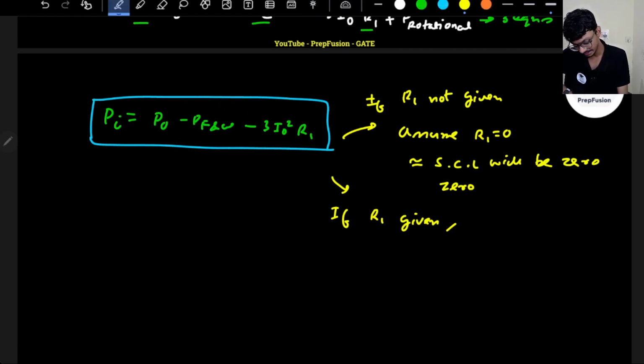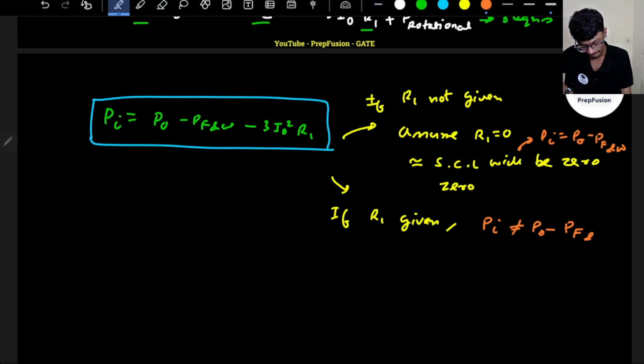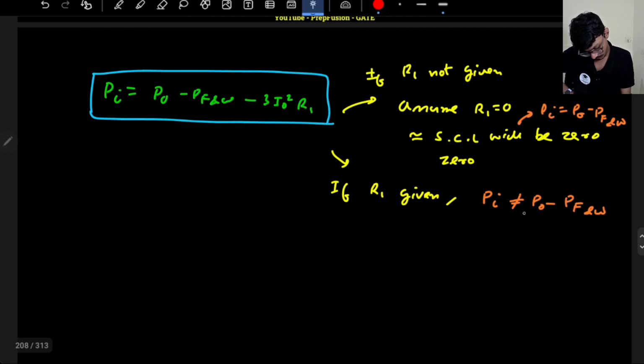So don't just directly write this. In the case where R1 is not given, you can say my Pi will be Po minus the friction and windage loss. But if R1 is given, you cannot say my Pi equals Po minus friction and windage loss, because the problem will be that I will have a stator copper loss, so you cannot neglect it.